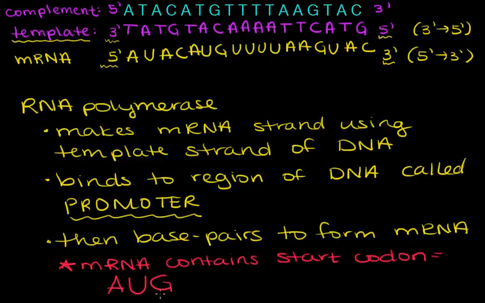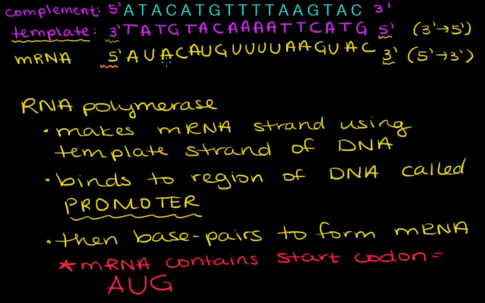So how do we figure out where this start codon is in here? There's a whole bunch of letters. Where do we start? Well, just like reading a book, we're going to start at the left, at the 5' end, and we're going to look to the right, and we need these 3 letters in a row. And it doesn't matter, it could be the first 3, it could be the second 3, it could be the next 3. They just have to be immediately next to each other with no other letters in between. So the first codon that we see, that we could potentially see, is AUA.